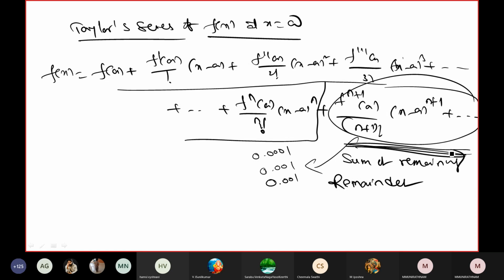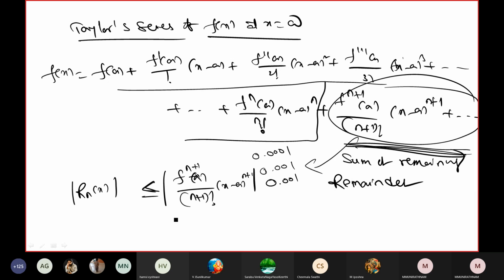Whatever terms we neglect, we call the remainder. We can estimate this remainder using a formula. I call this Rn of x, which is nothing but the maximum of the modulus of the n plus 1th derivative over n plus 1 factorial, into x minus a whole power n plus 1.